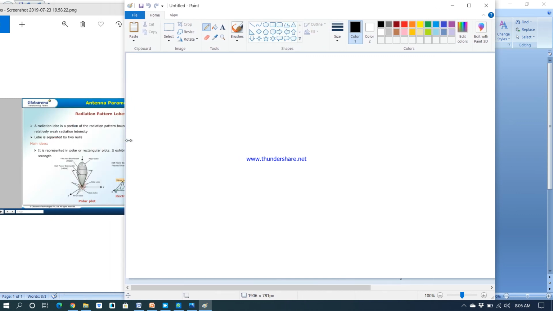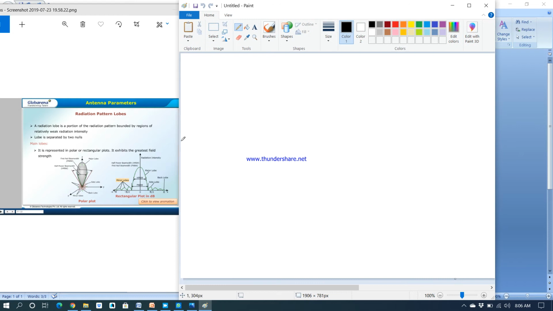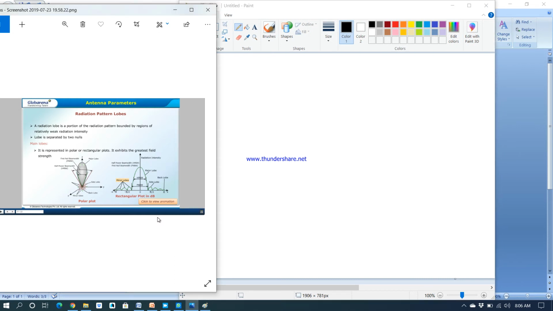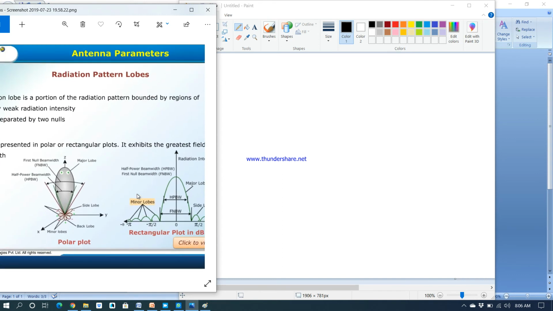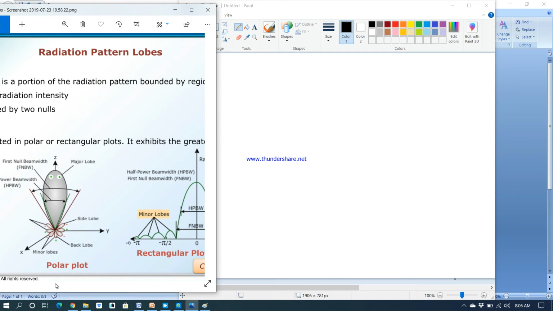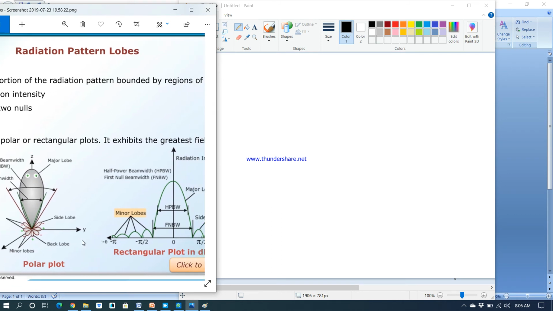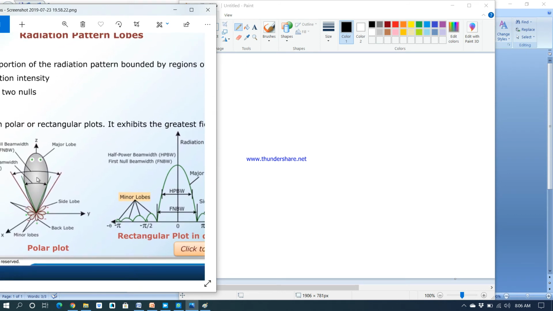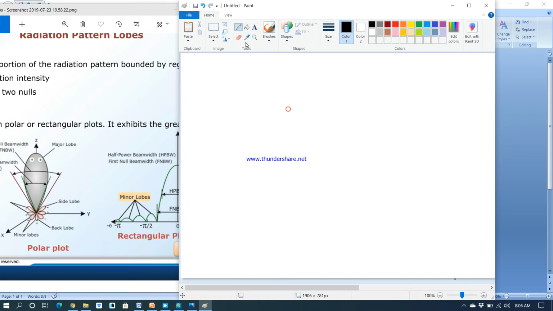All of you listen. This is a main lobe. Okay, this one is a main lobe. For that one I am writing like this.